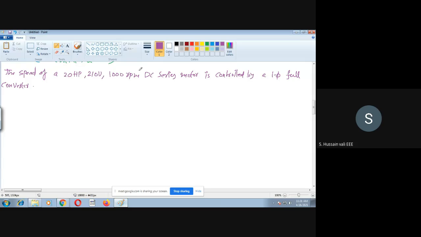The combined field and armature circuit resistance, that is Ra plus Rf, he's saying is 0.25 ohm.